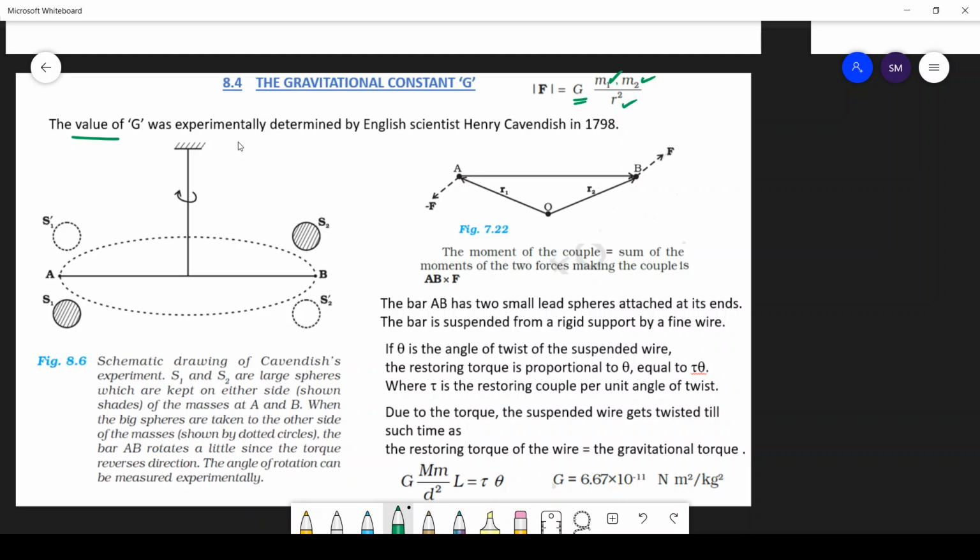This value of G was experimentally determined by the English scientist Henry Cavendish in the year 1798. Around 100 years after Newton gave the law of gravitation, the value of G was determined. So you can see this experiment.